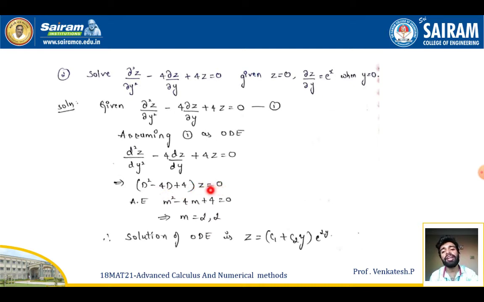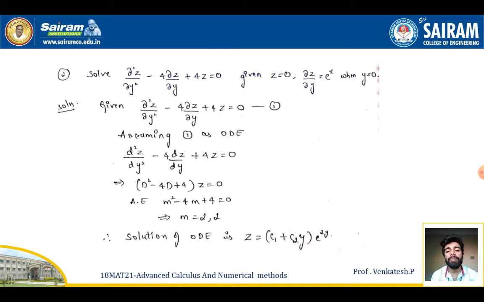By converting to an auxiliary equation, I will get m² minus 4m plus 4 is equal to 0. On simplifying this auxiliary equation, I will get the roots m is equal to 2, 2. The solution of the ordinary differential equation will be z is equal to (c1 plus c2 y) e^(2y).